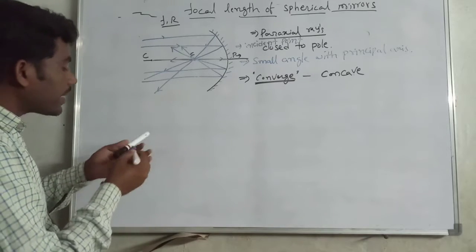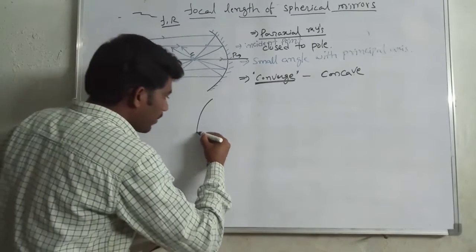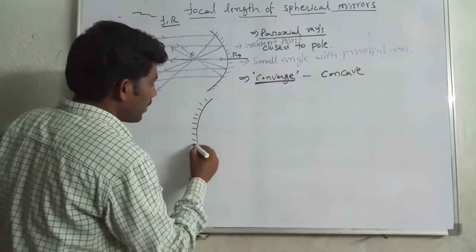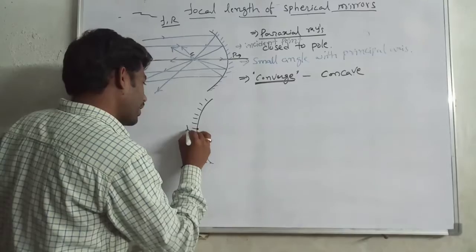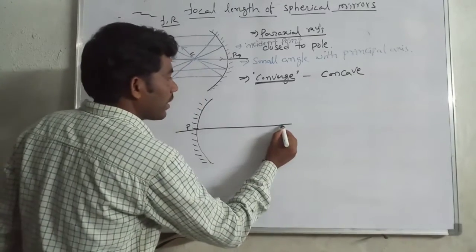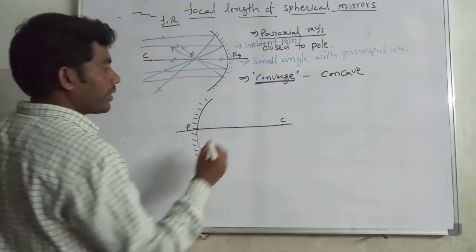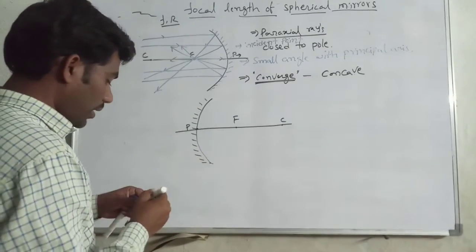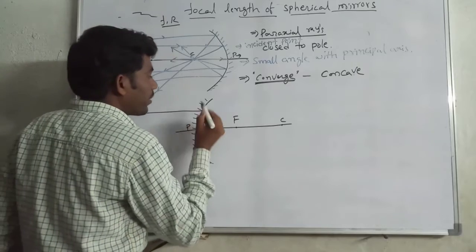Then see the same thing in the convex mirror. This is the convex mirror. Here this may be taken as the pole. This is the principal axis. This one, C, means center of curvature. This one is the F, focal point. Then a beam of light is incident on it.